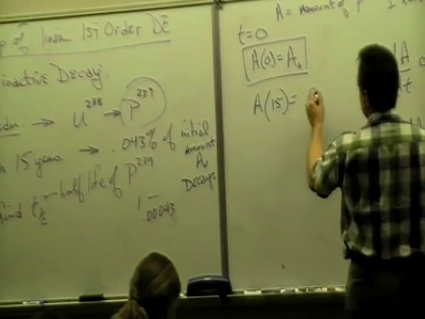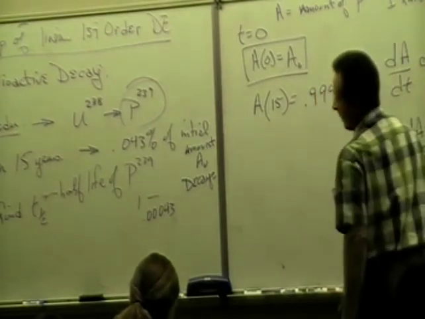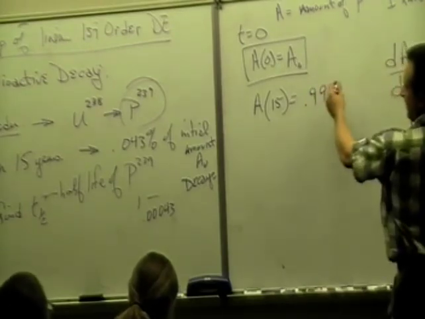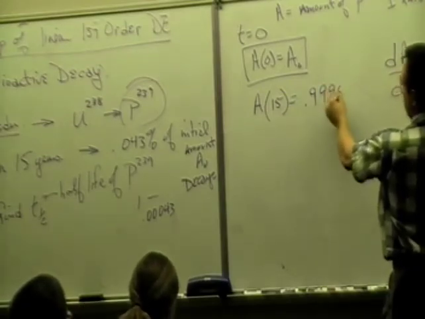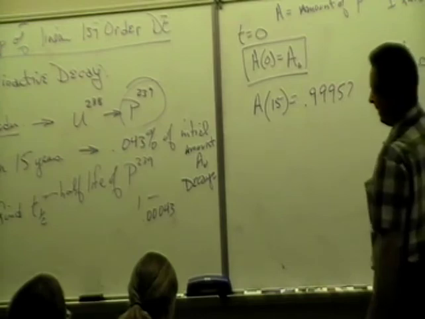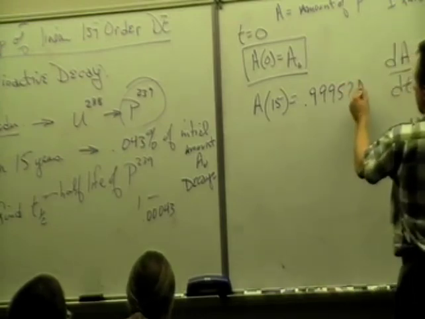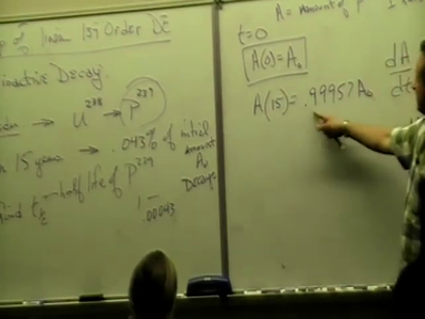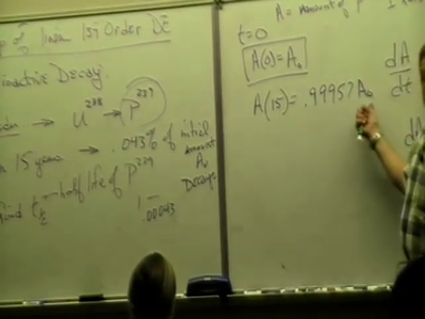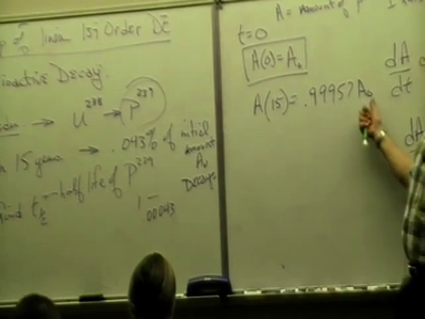Somebody figure it out. It's 0.99957. So at 15 years, A of 15 is 0.99957 of my original amount, right?